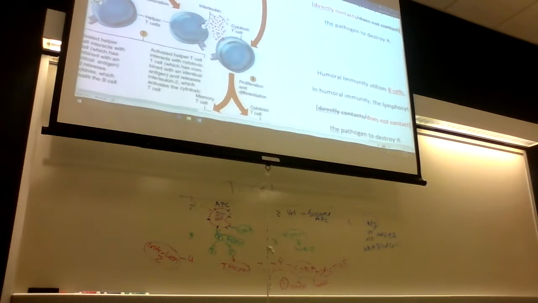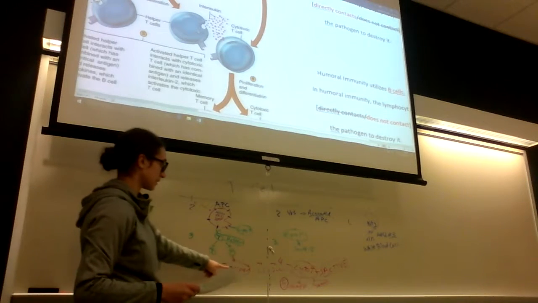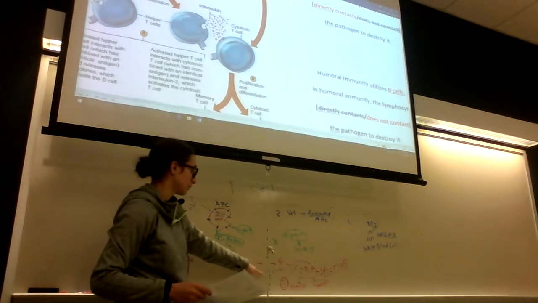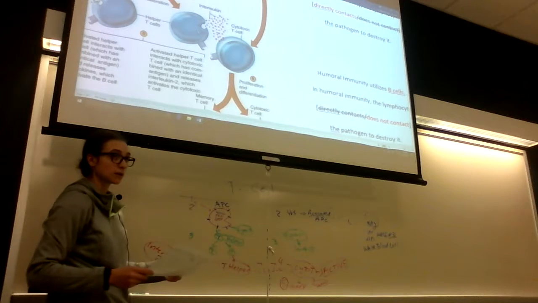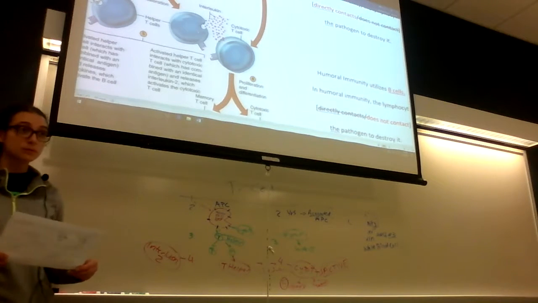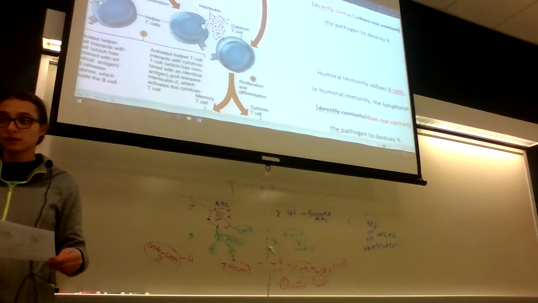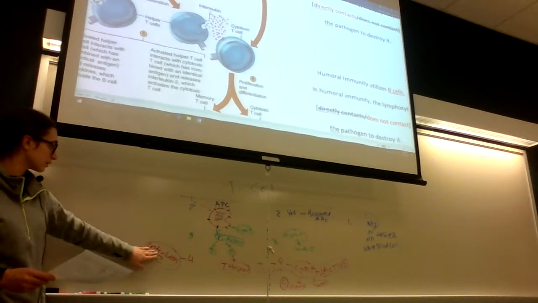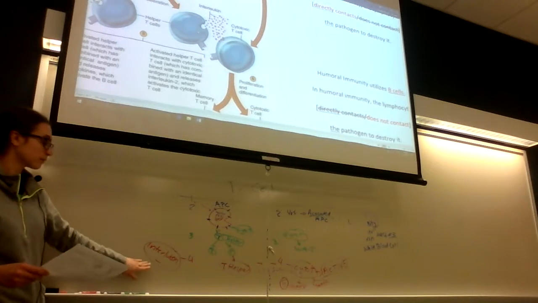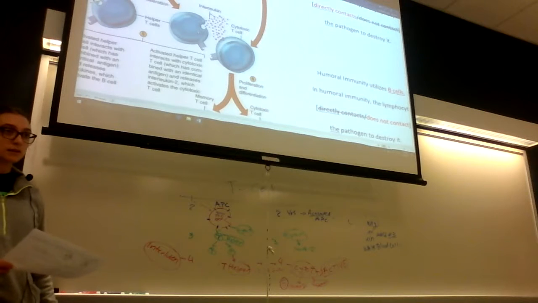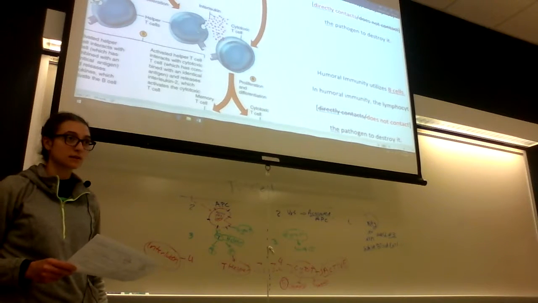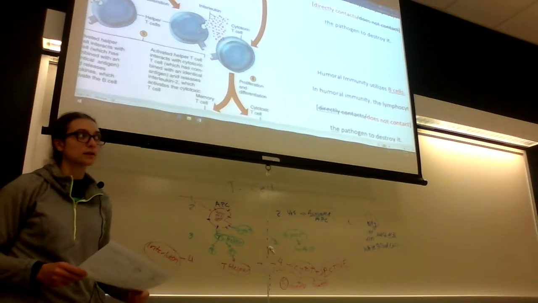So step 4, helper T cells will then secrete, what is it? Yep, interleukin. Is that the same thing as the interstitial fluid, is that kind of what it is?